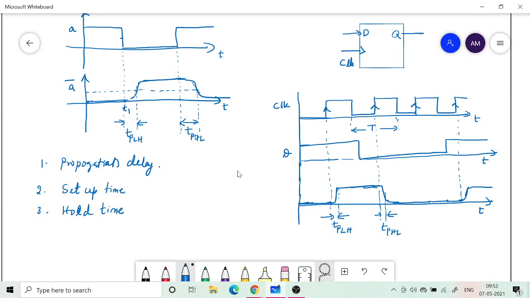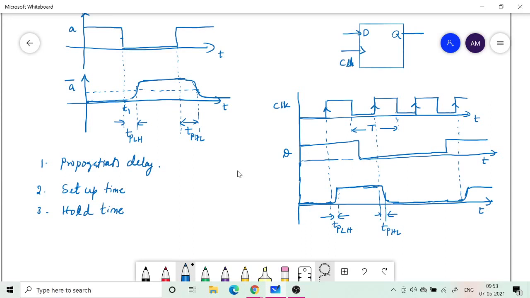So what is setup time? Setup time is the time which is required for the input to be set up before the active edge of the clock, so that the D flip-flop will change the output to the required input.